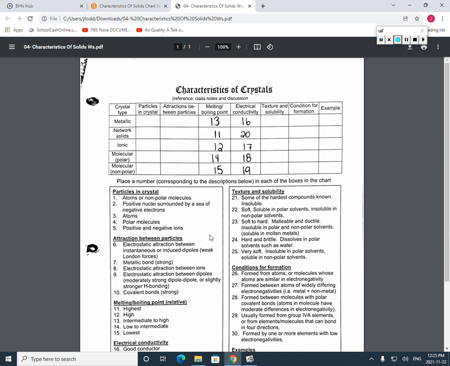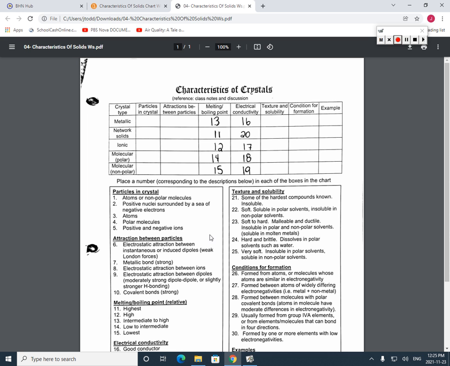Attraction between particles, melting and boiling point. You need all three. So you can see the headings match up here, okay? Then these phrases go in this column. These phrases go in this column, okay? So they match. And what you're trying to do is say, okay, what kind of particles are in metallic crystals?